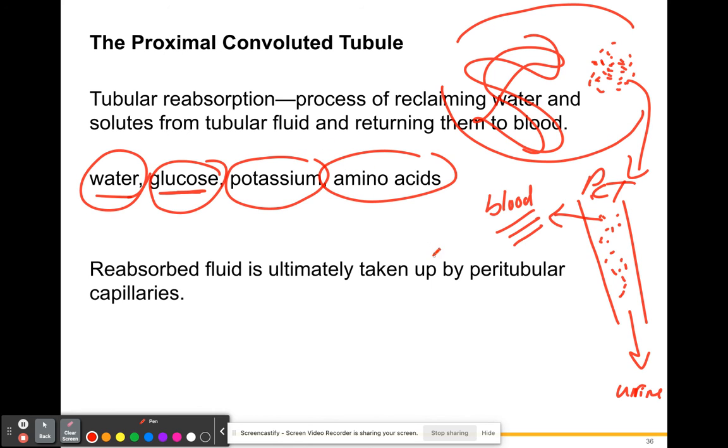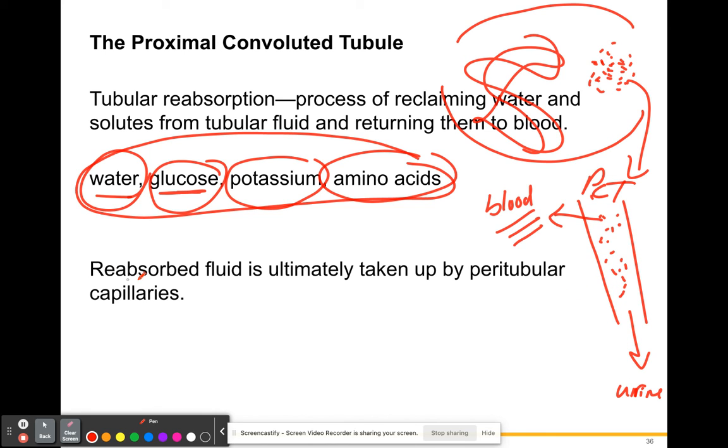We don't need them in our urine. So these things we want to give back to the body so that they can be used for functions. The rest of the stuff, and we're going to take a look at some of that other stuff, we want out, and that stuff will stay in our convoluted tubule, our loop of Henle, and our distal convoluted tubule, and eventually become urine.